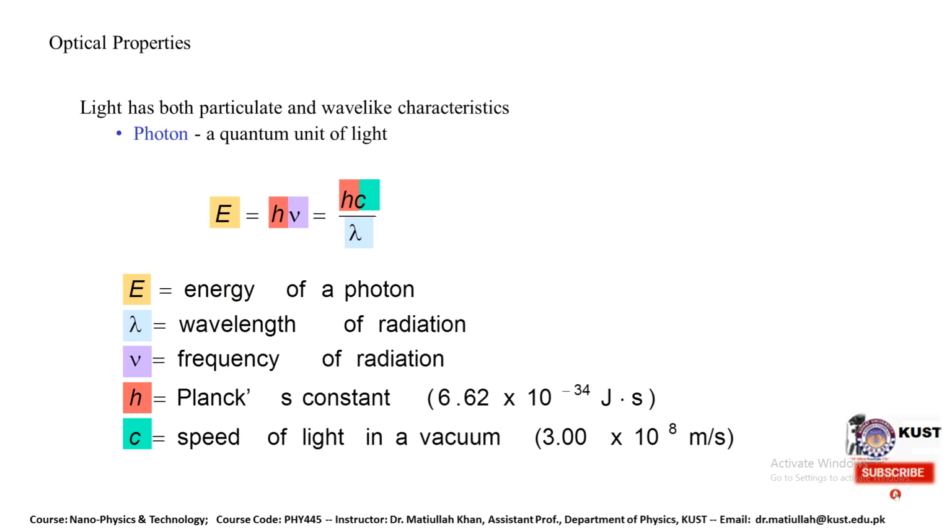The energy of that photon is given by E = hν, or we can write the same equation as E = hc/λ. Here ν is the frequency of the radiation, or the frequency of that photon which is coming, and h is the Planck constant, whose value is 6.62 × 10^-34 joule second. c is the speed of light in vacuum, and its value is 3 × 10^8 meters per second.